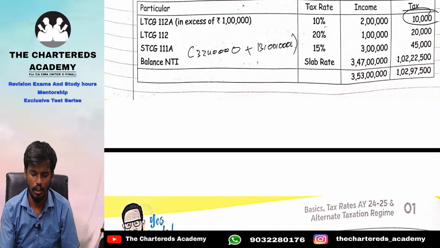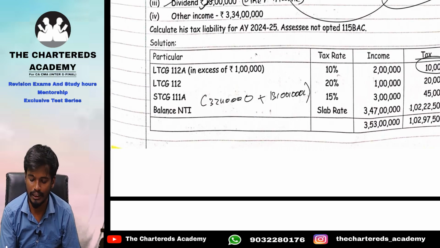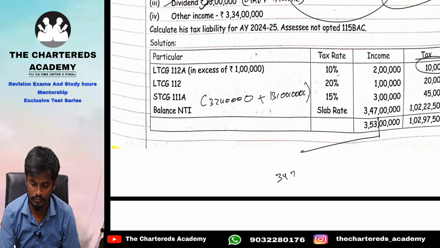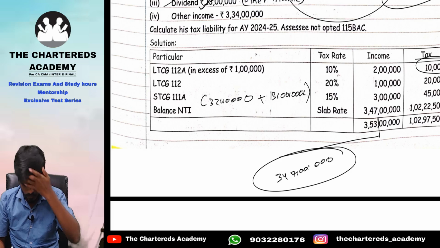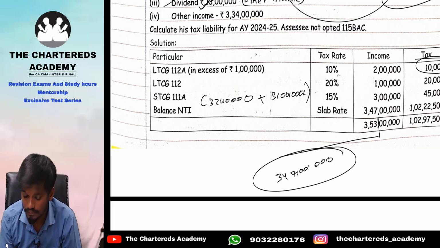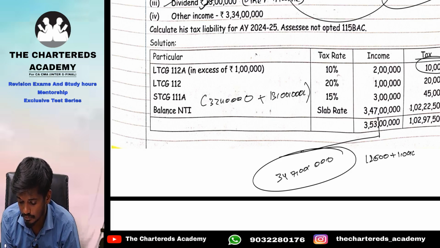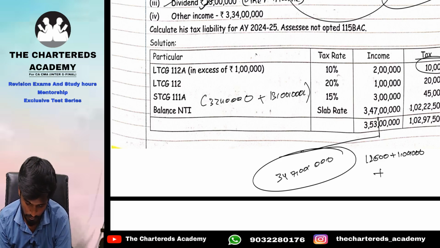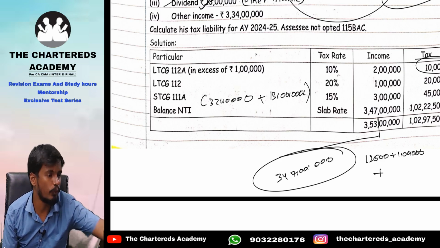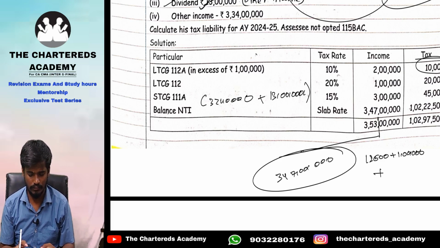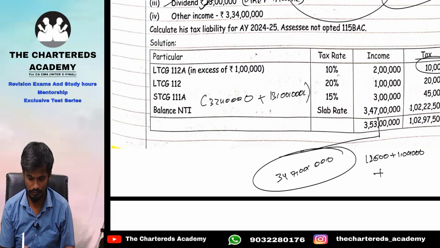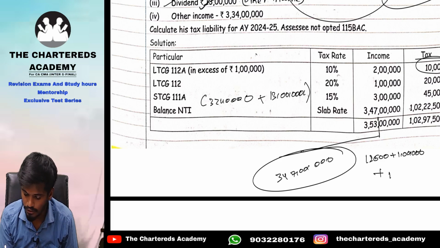How to compute the tax on 3,47,000? It is 12,500 plus 1 lakh, and in excess of 10 lakhs, what amount remains? 3 crores 47 lakhs minus 10 lakhs into 30%, that is 1 crore 11 lakhs.